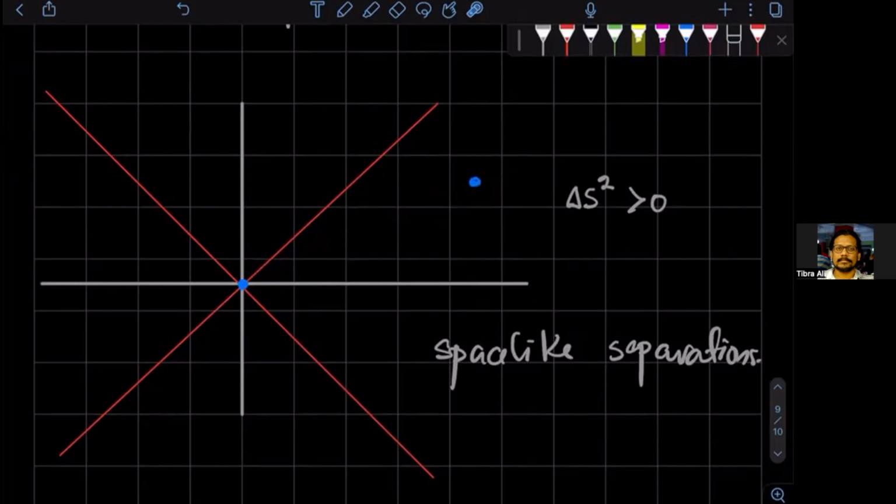So there would be another reference frame in which this guy would be anywhere on this, so this is a very bad hyperbola, this guy would be anywhere on this hyperbola. So you could go to a reference frame where the relative positions of these 2 points could be like this. Okay, this is what it means in special relativity that there is no absolute notion of simultaneity.